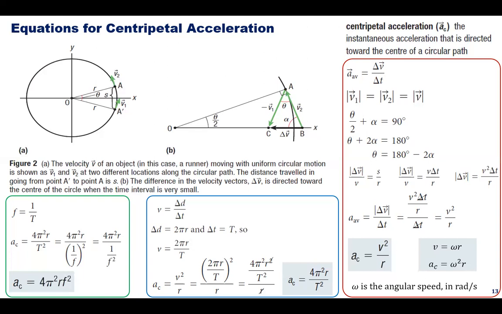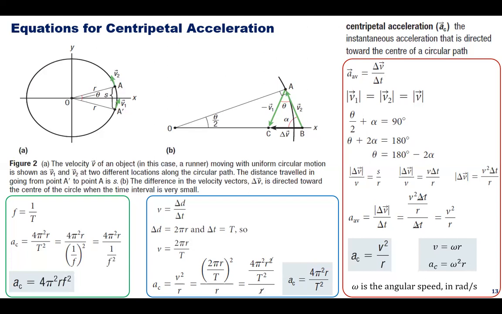It should be noted that we actually need to decrease the size of the time interval until it is very small for delta v to point directly toward the center. For the sake of discussion and illustrating the concept, however, our model in figure 2 is satisfactory. As we can see in figure 2a, the individual velocity vectors v1 and v2 are both tangent to the circle, perpendicular to the circle's radius, and equal in length or magnitude.